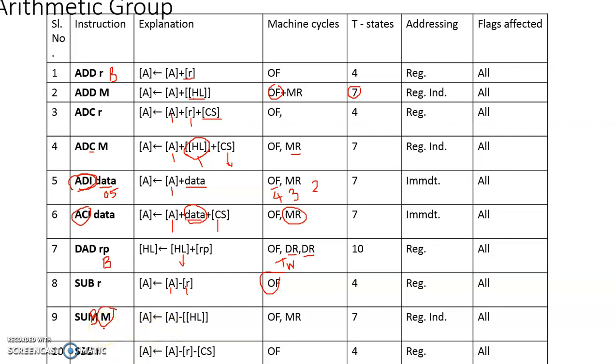Upon decoding in the 4th T state of the opcode fetch machine cycle, the processor will understand that one of the operands is the content of the accumulator that is readily available, whereas the second operand happens to be the content of a memory location which is external to the processor and needs to be brought to the interior of the processor. That requires a memory read operation and the expenditure of 3 consecutive T states. So there will be a total of 2 different machine cycles, opcode fetch and memory read, and require 7 consecutive T states to complete it.